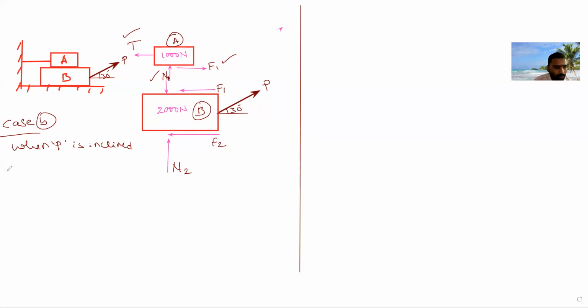So what is the value of N? N1 is how much? Because the effect of N1 does not change. N1 and F1 will be the same. N1 from case A, what is the N1? 1000.